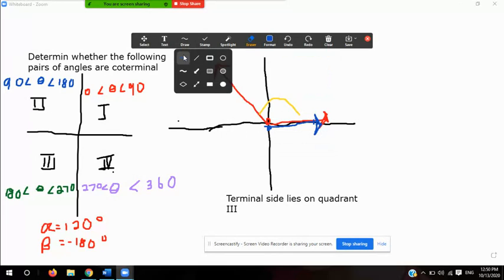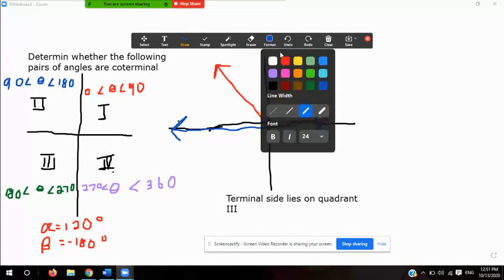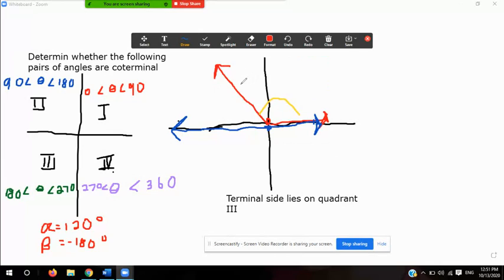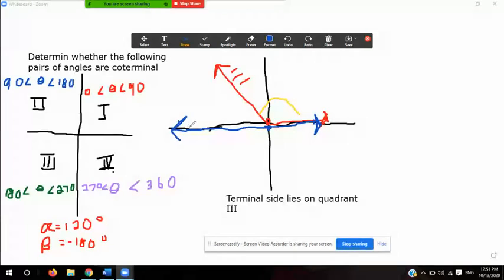So that means that they are not coterminal. What makes them not coterminal is the fact that in 120, here's where my terminal side is located, and in negative 180, here's where my terminal side is located. Notice how they're not in the same position.